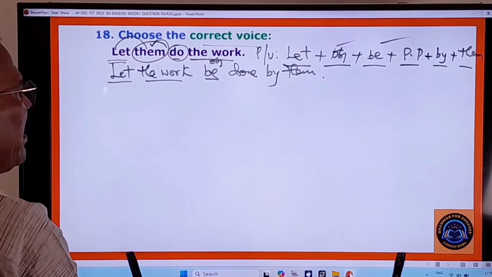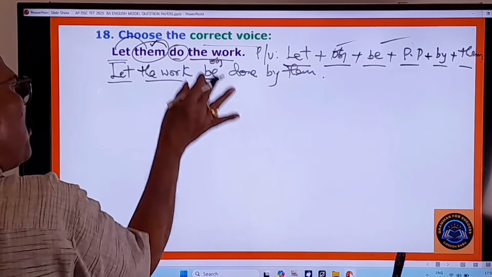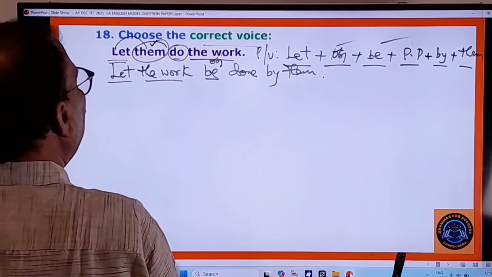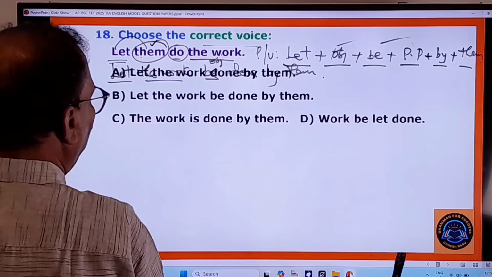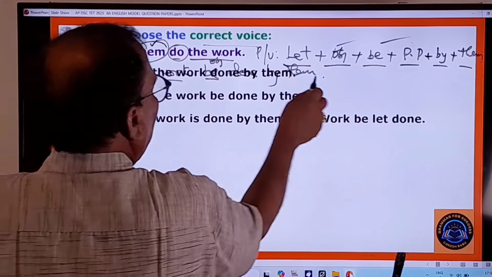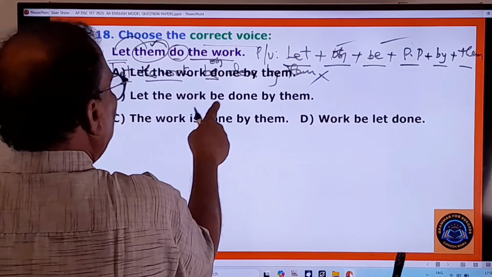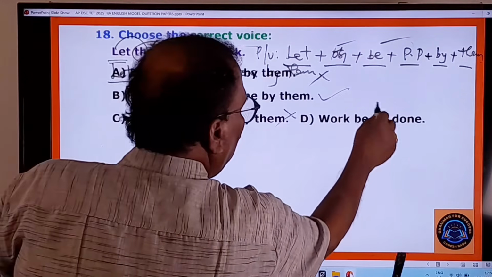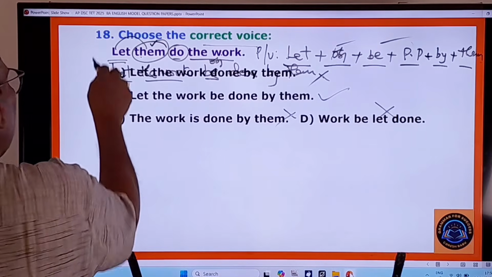So let the work be done by them. That is going to be your passive voice for this sentence. Now let us check the options. Let the work done by them: be is missing here, therefore this is wrong. Let the work be done by them: this is right. The work is done by them: wrong. Work be left done: no. So here B is your answer.